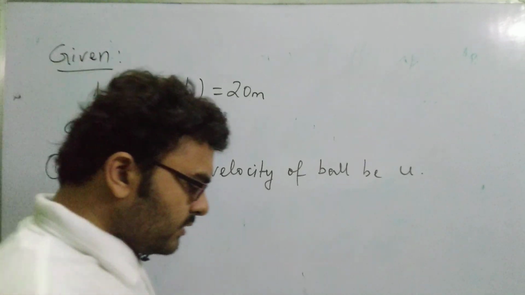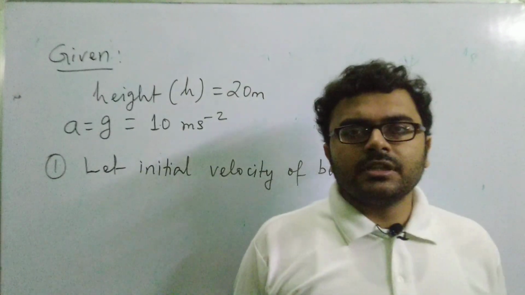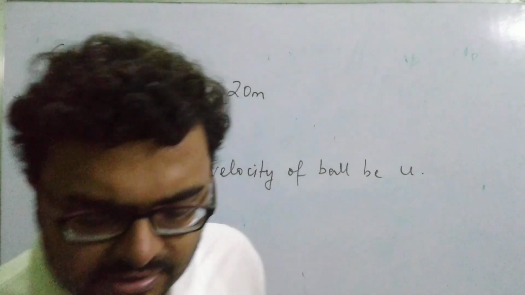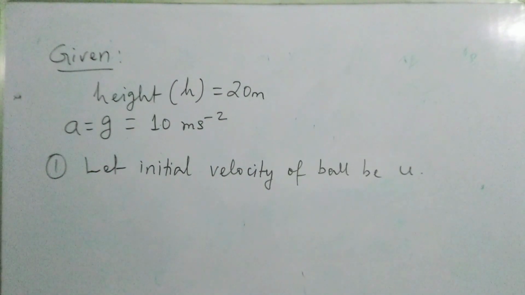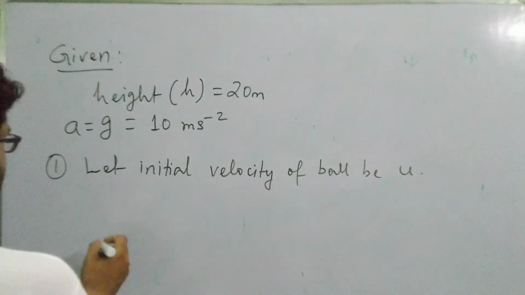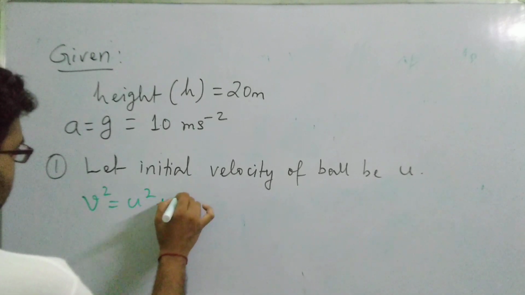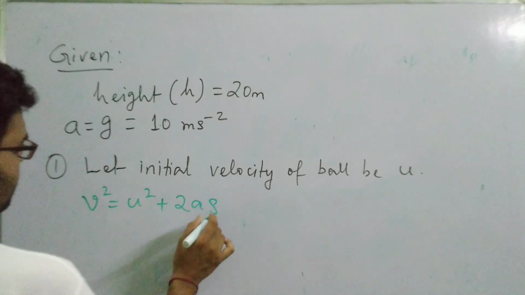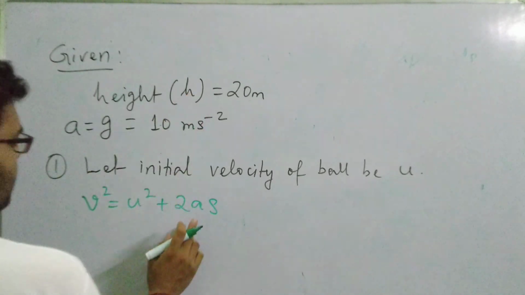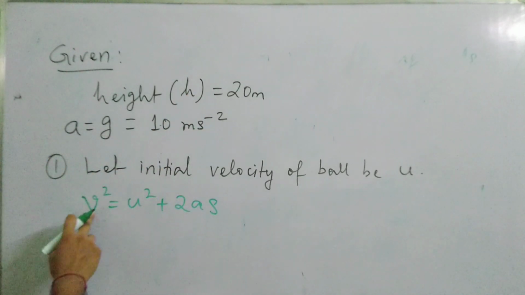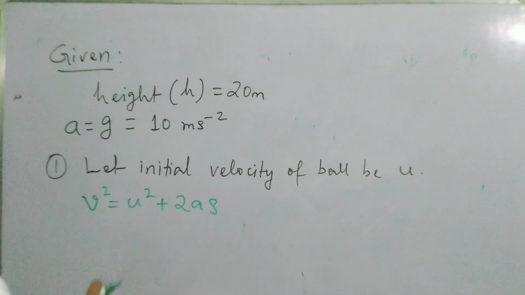So we utilize the equation v square equals u square plus 2as. Here s is the height h, a is the acceleration due to gravity g, v is the final velocity, and u is the initial velocity.